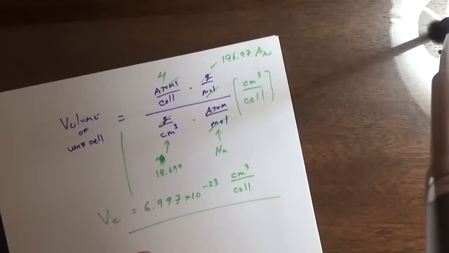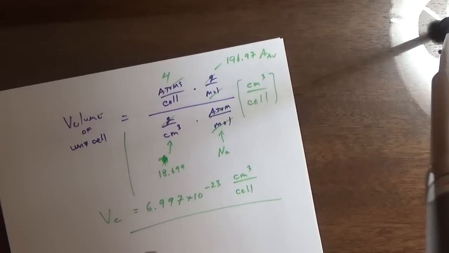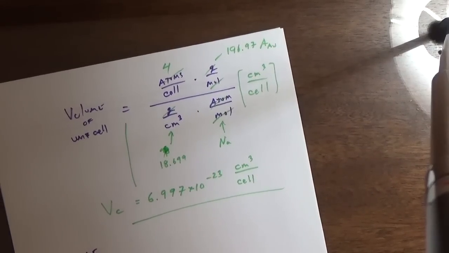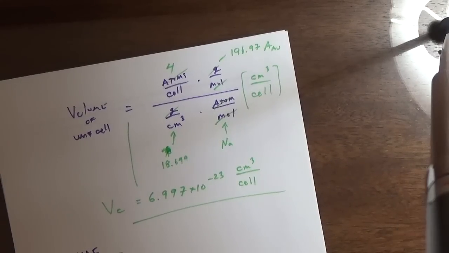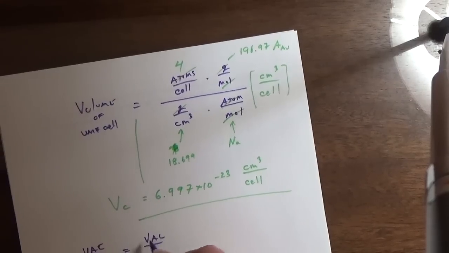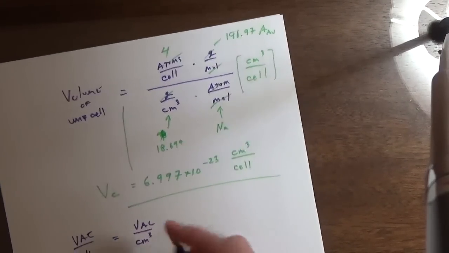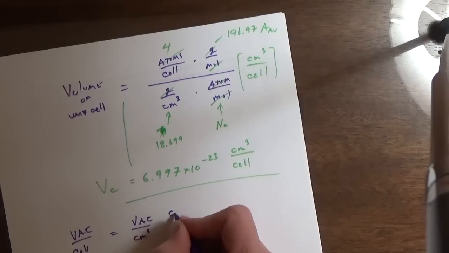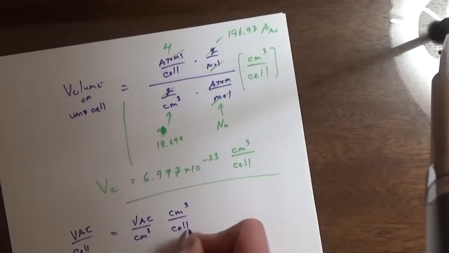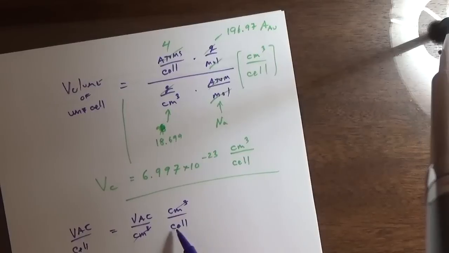So the number of vacancies per unit cell is going to be the density of vacancies, vacancy per cubic centimeter, I should say, multiplied by centimeter cubed per cell to get vacancy per cell.